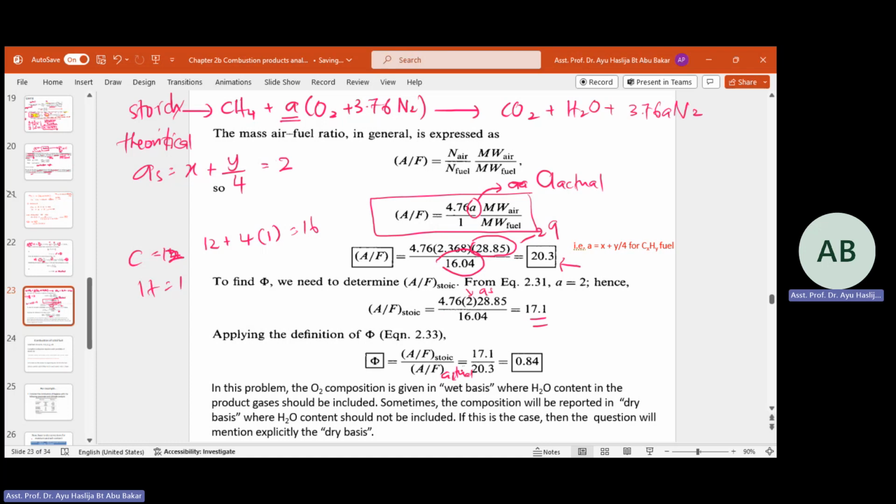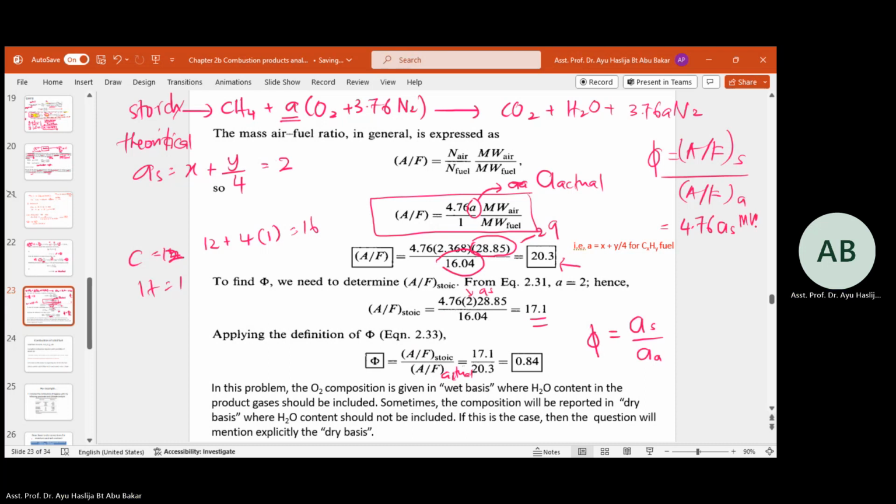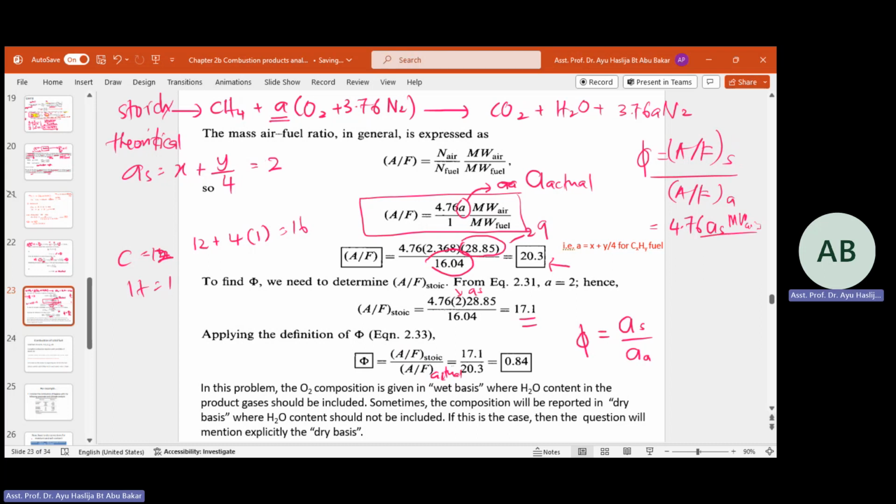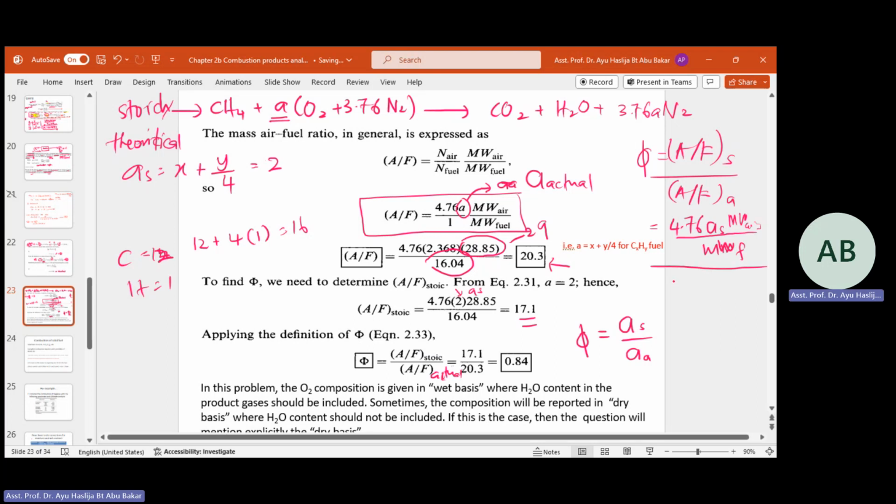Apart from this, actually for the equivalence ratio, besides using the full value of AF, you can also use A only. Why do I say that? AF here. We know that AF is 4.76 A stoic, air over fuel. For actual it is the same.